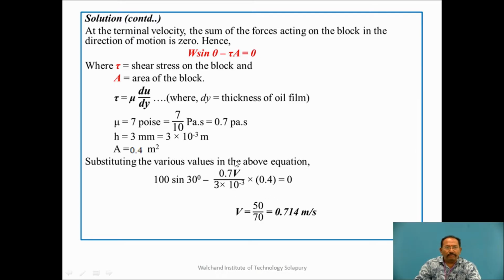Substituting these values, 0.7 into du, it is nothing but the velocity. Here I have taken velocity v. You may write du, but at the end you have to convert it into terminal velocity, that is v. So substituting all the values, we will get v is equal to 0.714 meter per second.